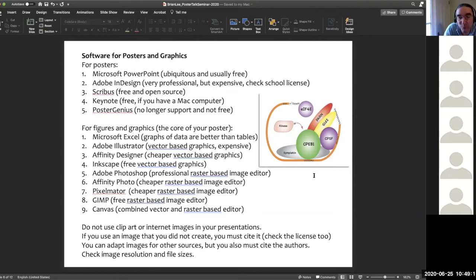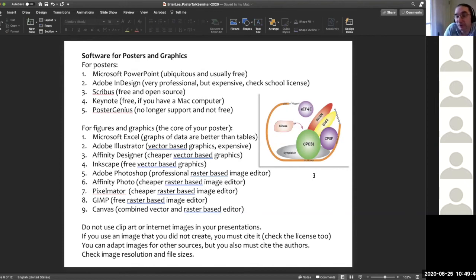But as a general rule, as much as possible, it's a better idea to make your own pictures. You can take a picture from a paper, say if you looked at a review paper and there's this great image that they use in the introduction that really would help out your introduction, adapt it. You can use one of the vector-based graphics programs and make your own version of their image, and then just cite it and say adapted from this source.